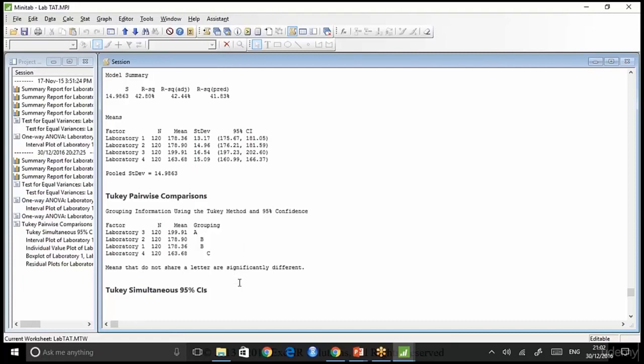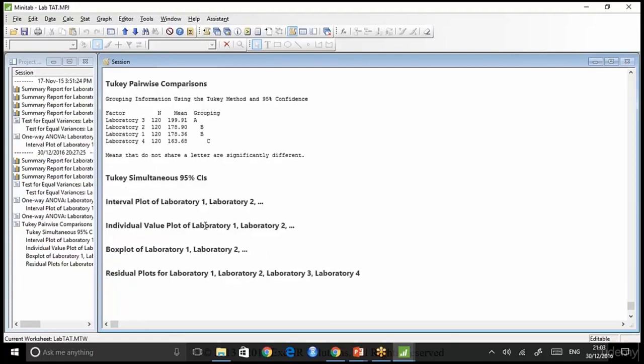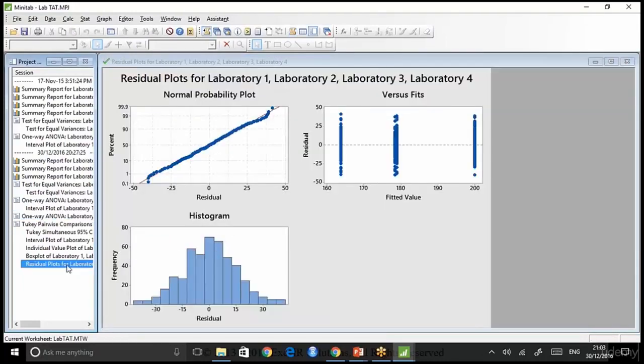But we can in fact proceed further and discuss about the various plots. So first let us look at the residual plots. Error values, should they be normally distributed? Oh yes, they are normally distributed. And do we have any pattern associated here with respect to residual and fitted values?